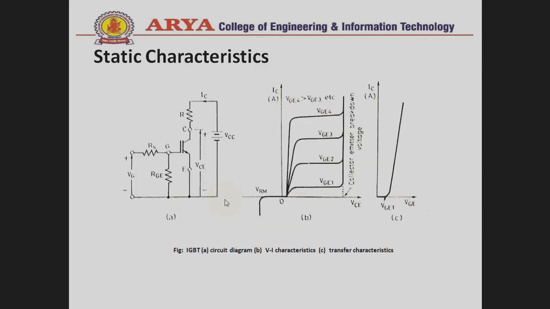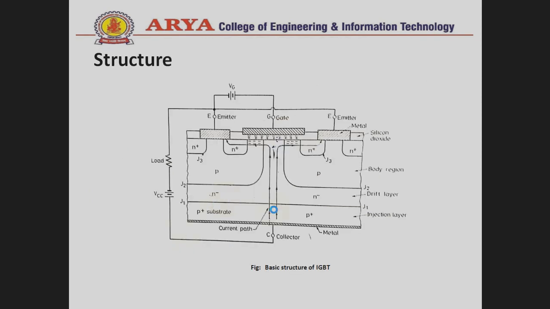When the gate is made positive with respect to the emitter by the voltage VG, with VGE more than the threshold voltage VGET of IGBT, an N channel is formed in the upper part of the P region, just beneath the gate as in the power MOSFET.